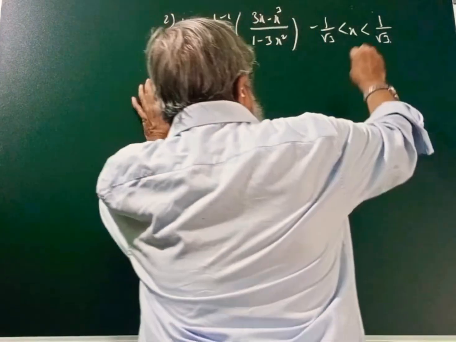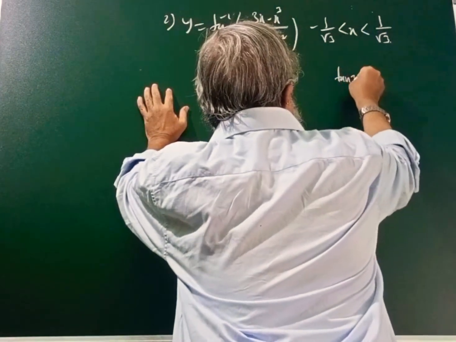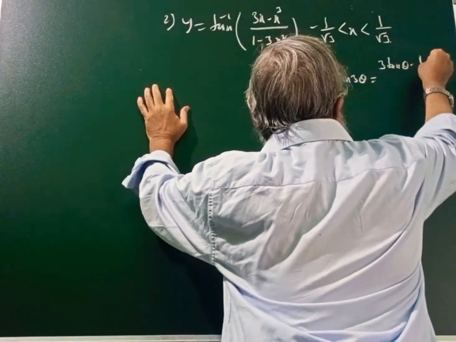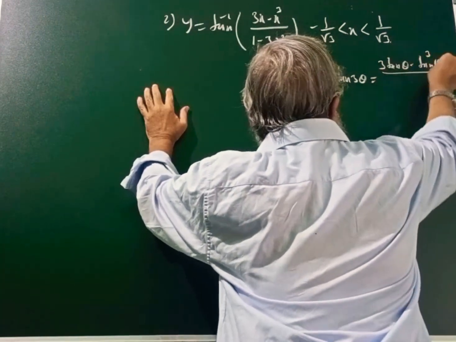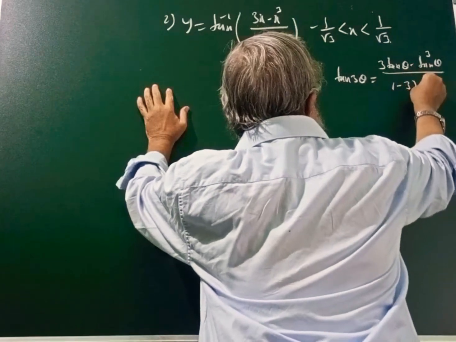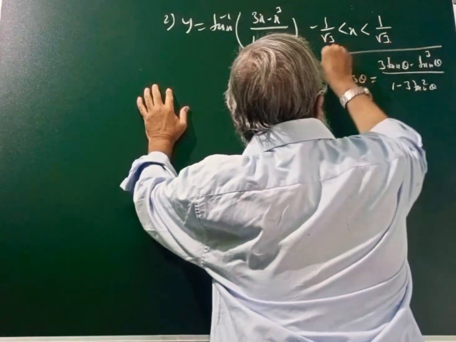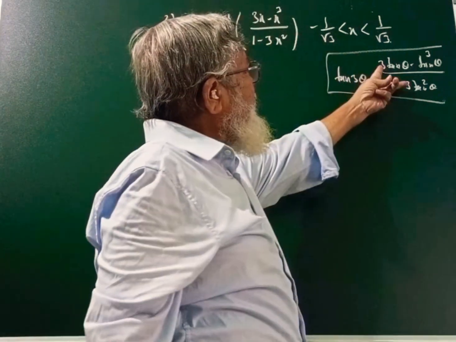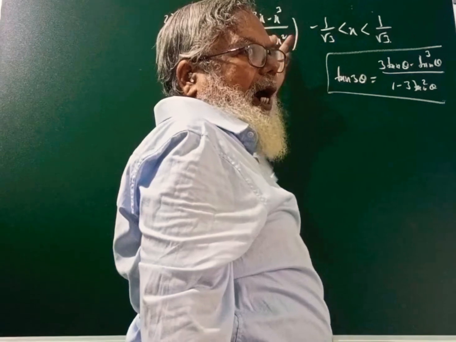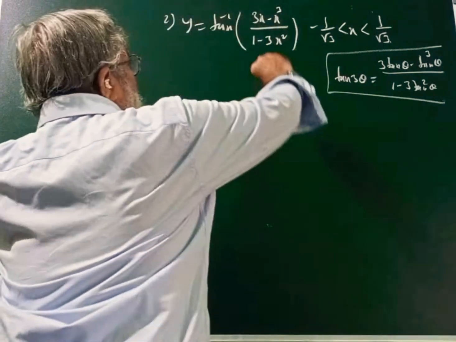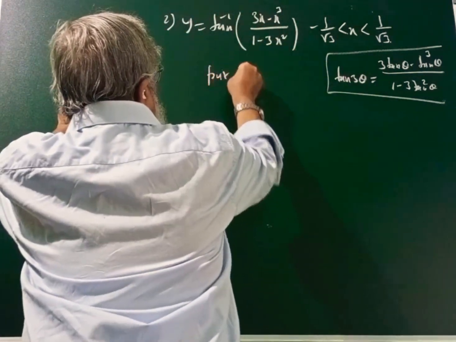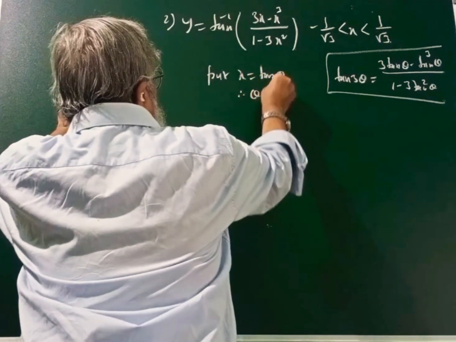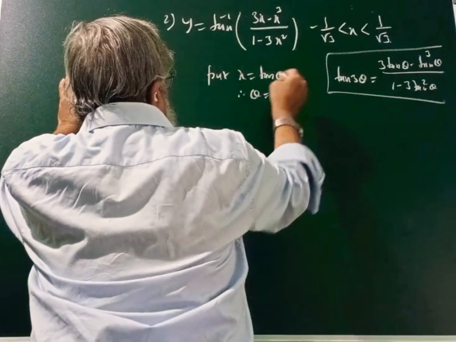We remember the formula tan 3 theta is equal to 3 tan theta minus tan cube theta divided by 1 minus 3 tan square theta. Comparing with this formula, automatically you understand that our substitution must be to put x is equal to tan theta. Therefore theta must be equal to tan inverse x.